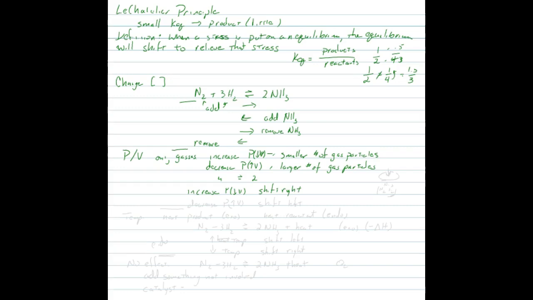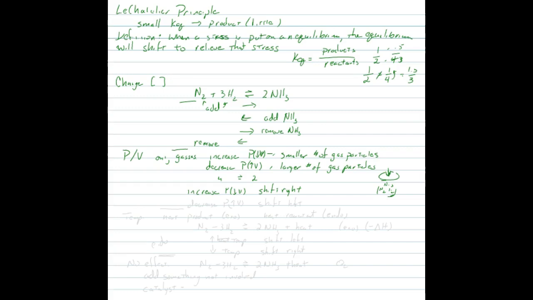One common misnomer: you are increasing the pressure on both sides. They're all in the same container. You have a container with N2, H2, and NH3. All of them are in there. And then if you squeeze it, you're not just squeezing the left-hand side of the equilibrium. It affects the left-hand side more than the right-hand side.